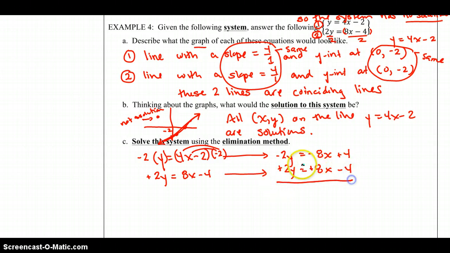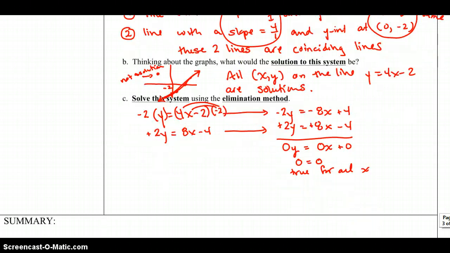Now, if we add the left sides of the equations, negative 2y plus 2y, we get 0y. Negative 8x plus 8x, we get 0x. And a positive 4 minus 4, we get plus 0. So 0y is 0, 0 times x is 0, plus 0 is 0. This is true for all x.